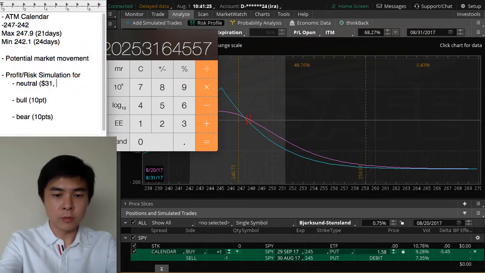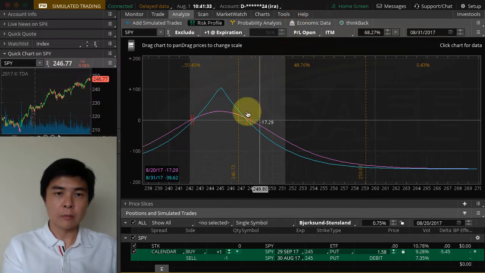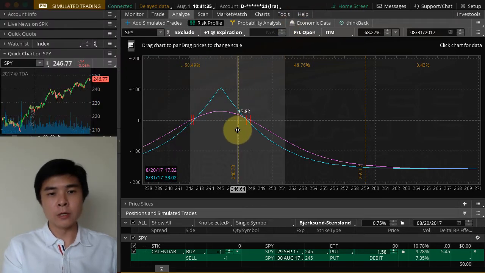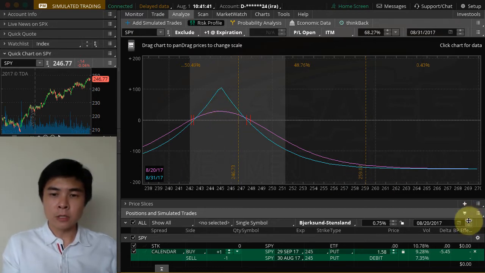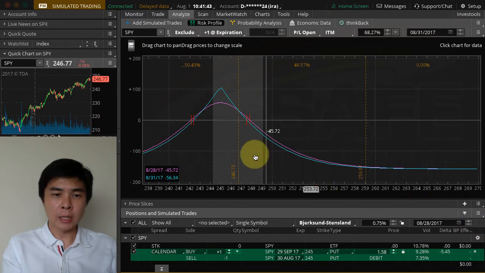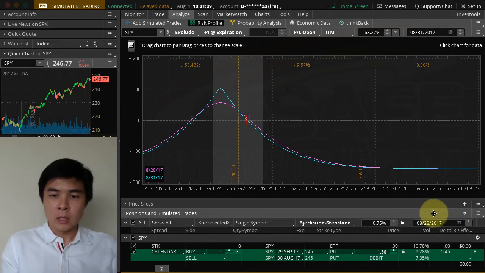So that is equivalent to 19% of profit. Okay, that's for neutral, and the max you can go. However, if the market drops down to 254, and this is where the peak of the hump is, of course the profit will be much higher and higher if it's nearer to date. Okay, so this is how the calendar will work.